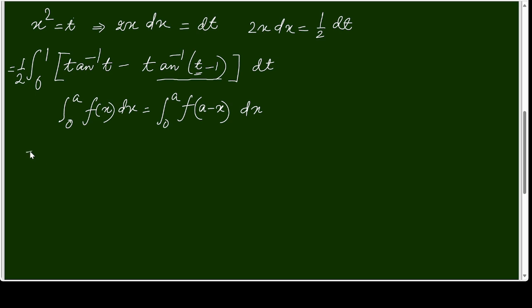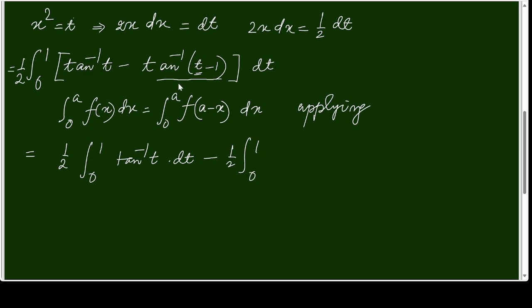So applying this, it will be half integral 0 to 1 tan inverse t dt minus half integral 0 to 1 of tan inverse of (1 minus t minus 1), the 1 cancels, so it will be negative t.